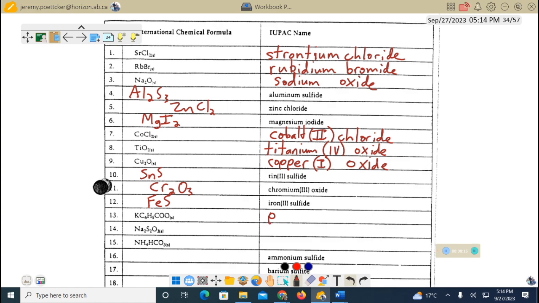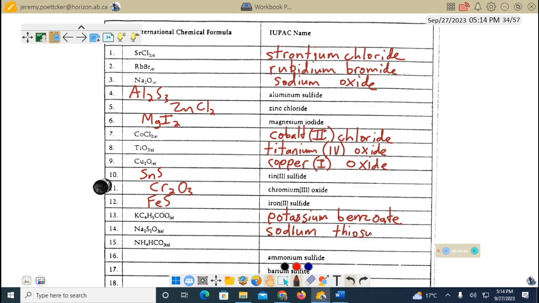Here we've got potassium benzoate. Here we've got sodium sulfite. Nope. Let's try that again. That's going to be thiosulfite.